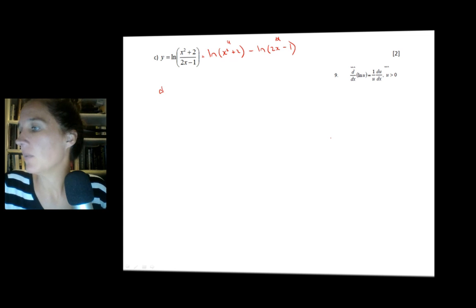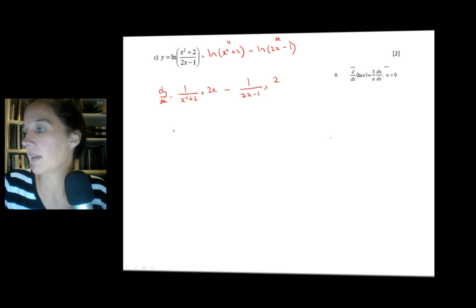So here our dy on dx, looking at our first term, we've got 1 on x squared plus 2, multiplied by this du on dx, which becomes 2x, minus here we've got 1 on 2x minus 1, multiplied by this du on dx, which becomes 2. So we get 2x on x squared plus 2 minus 2 on 2x minus 1.